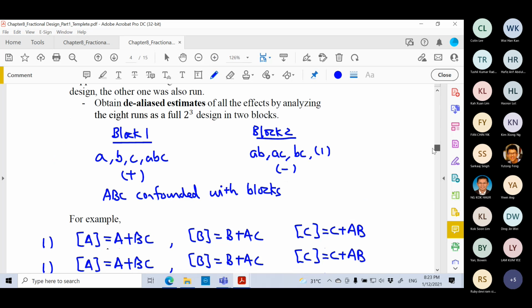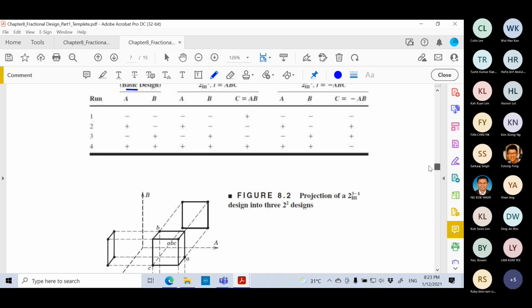So we go to here. You can see that here C is positive, so this one is C. Here A is positive, so this one is A. Here B is positive, so it's B. This one has ABC positive, so it's ABC.